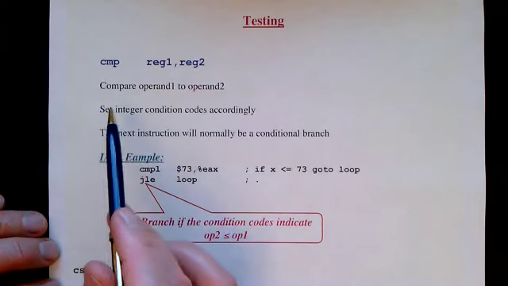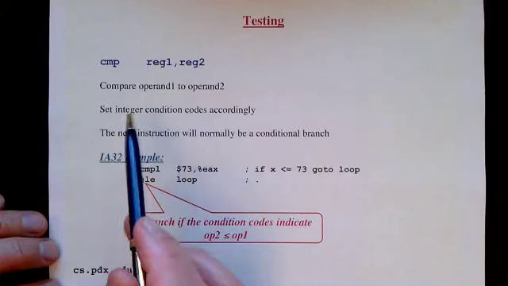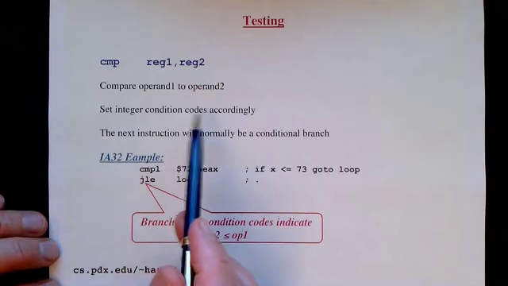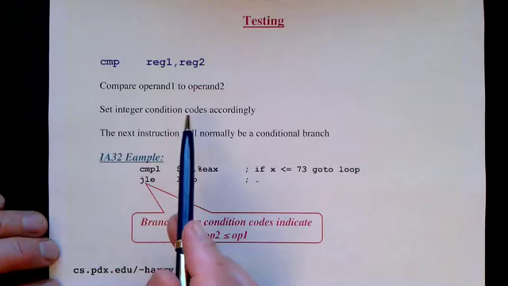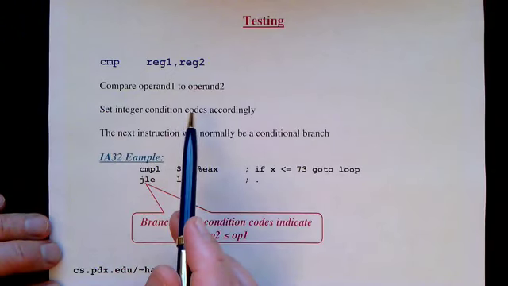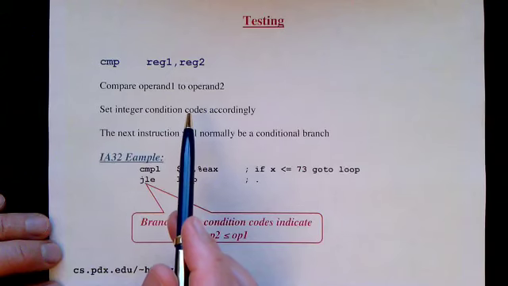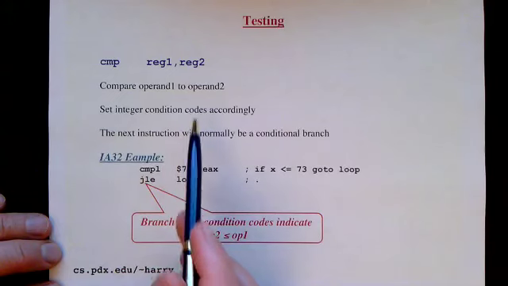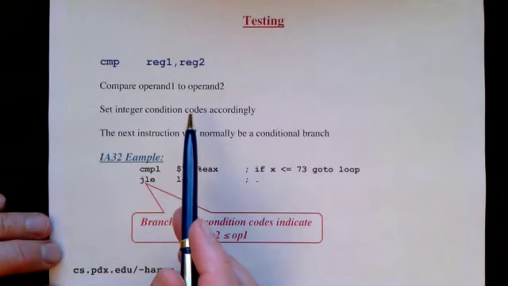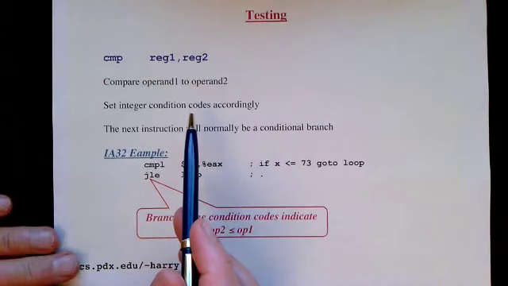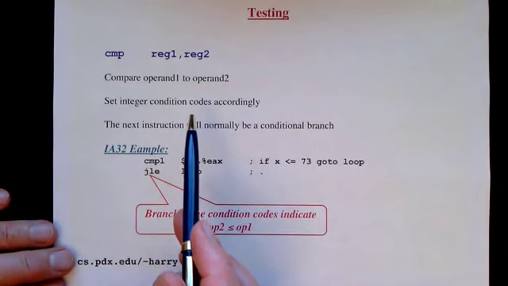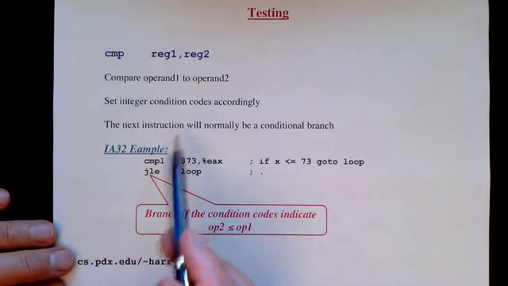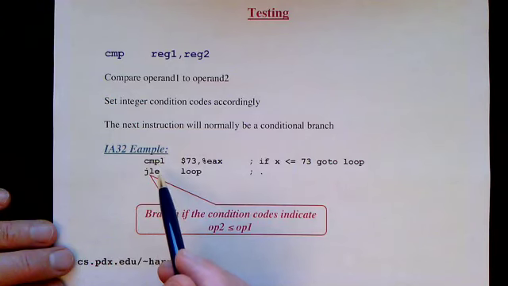These are sometimes called condition codes, or the integer condition codes, or the status register. In any case, there are usually about 4 bits in each architecture, and they're set according to whether the numbers are equal or whether one's less than the other in an unsigned comparison, or in a signed comparison. So the next instruction would normally be a conditional branch.